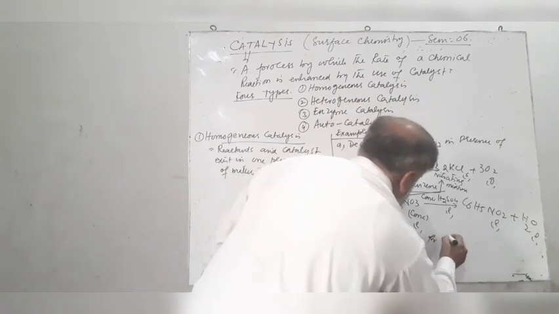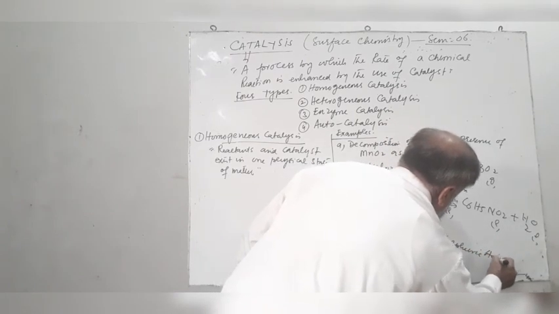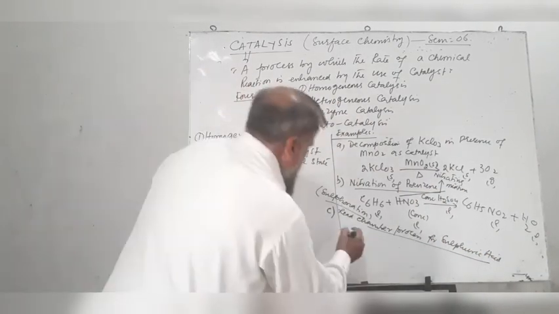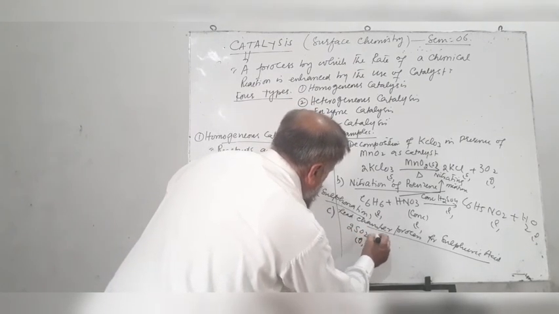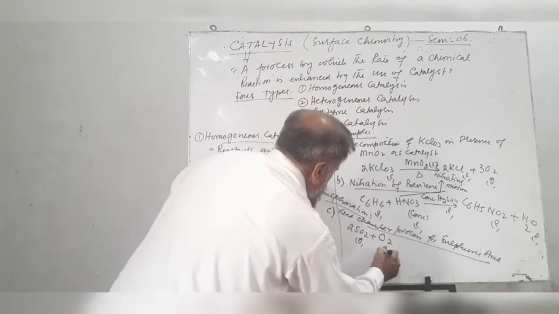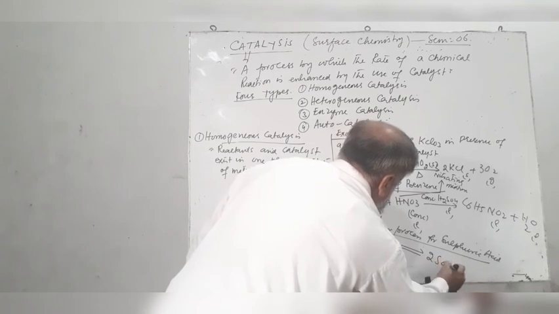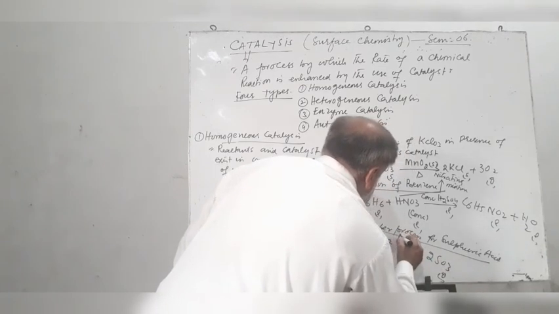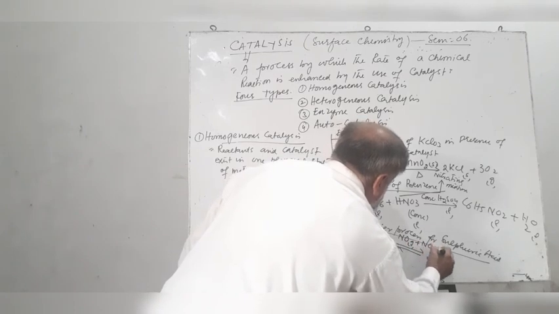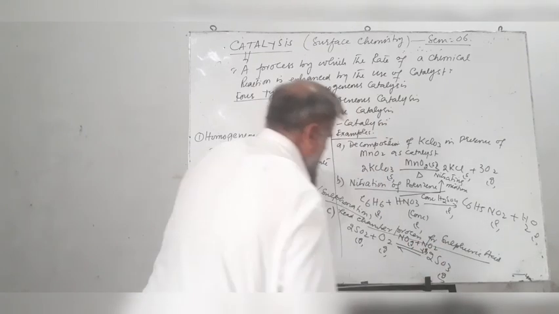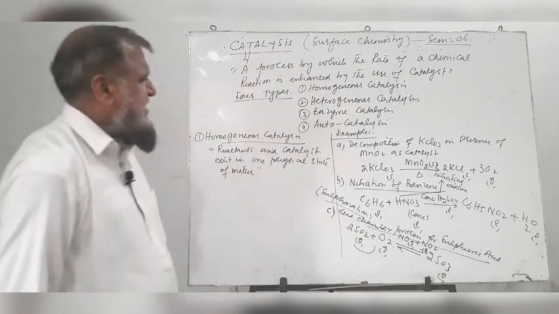In the lead chamber process for the manufacture of sulfuric acid, the main reaction is the reversible oxidation of sulfur dioxide to sulfur trioxide in the presence of catalysts, which are oxides of nitrogen, NO gas plus NO2 gas. The reactants are gases and the catalyst is also a gas.